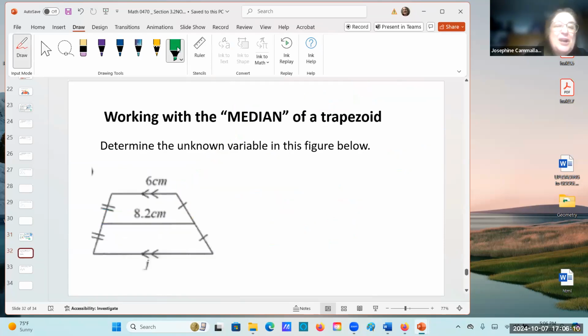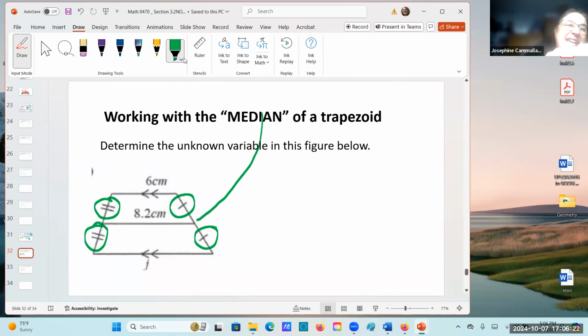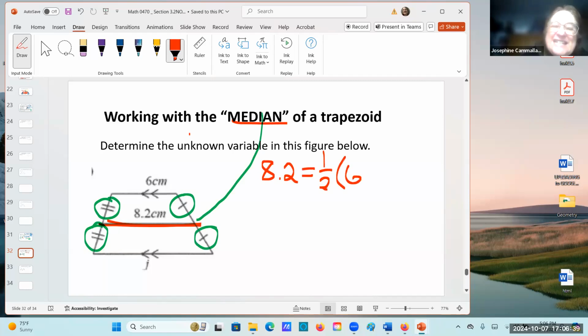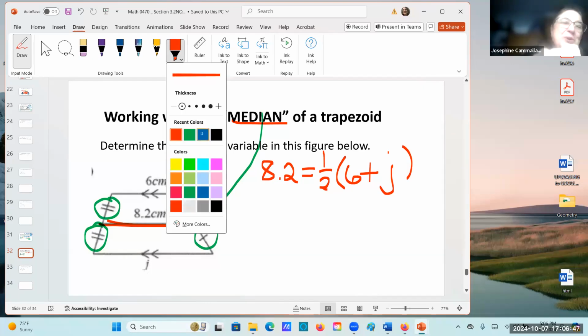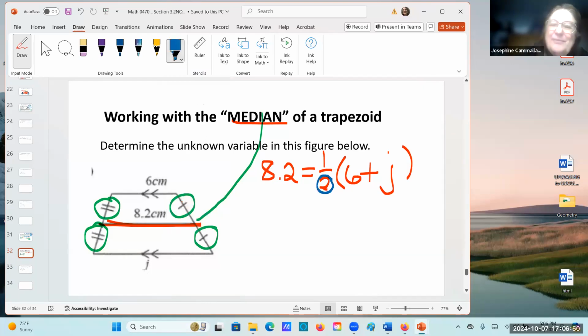Now I'm going to try this one. Again, notice the symbols. But this time, our median is given to us, which means 8.2 is equal to 1/2 (6 plus side j). Now, Christopher, this is what I'm going to show you. You see this fraction?